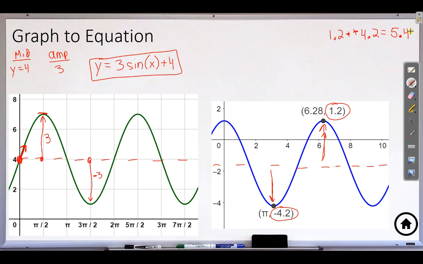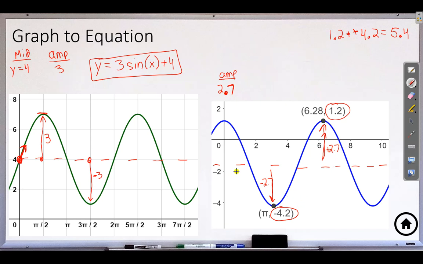The amplitude is only half of that distance from the bottom to the top. So if I take this number and divide it by 2, I will have the amplitude. So half of 5.4 is 2.7. It's a bad decimal, but there we go. So that means this is minus 2.7, and this is plus 2.7.